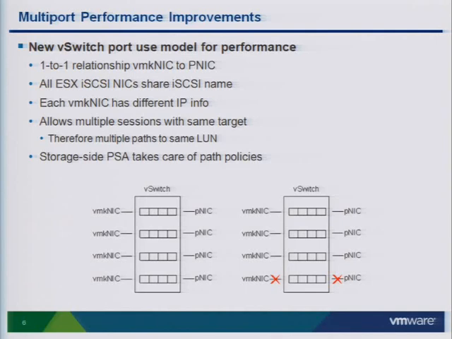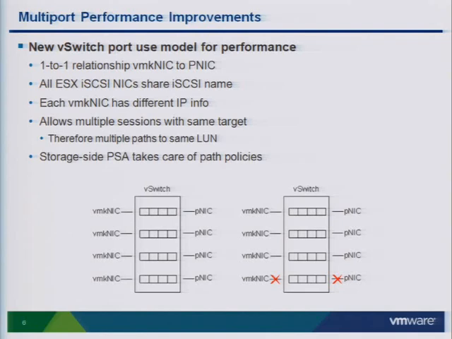It still has a single iSCSI initiator name. However, you can have a bunch of different VMkernel NICs hooked up to this iSCSI initiator. Each one of them will have a separate IP address, so your storage will see separate ports connected to it. The big advantage of this is that it allows more sessions between your ESX host and your targets on your storage.